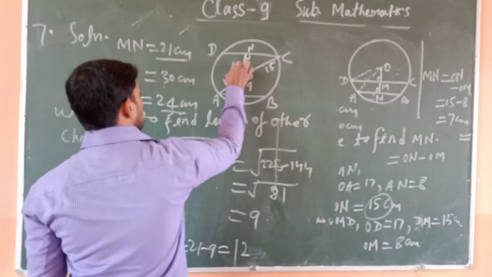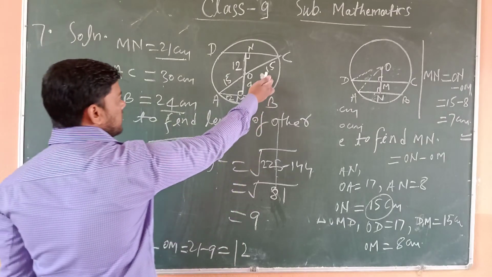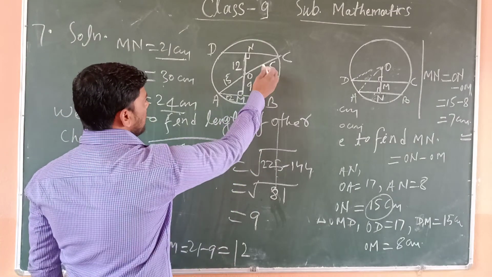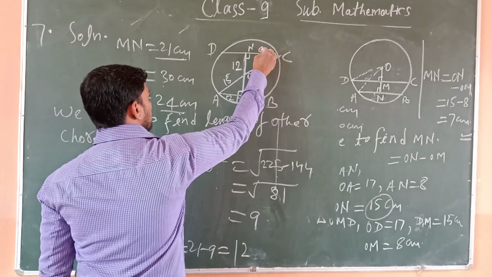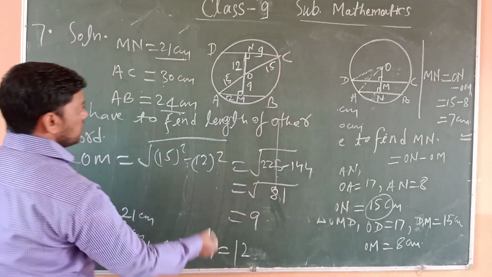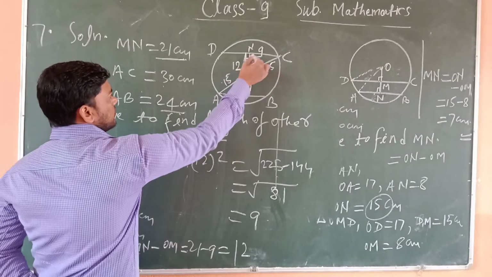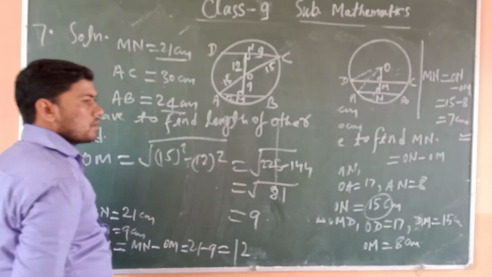This is 12 centimeter, and OC is 15 centimeter, so NC will be 9. See there, 15, 12, so it will be 9.